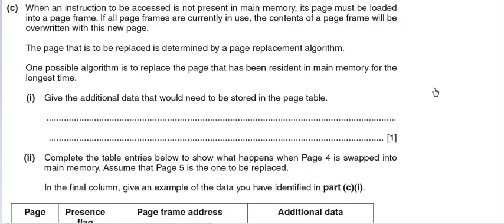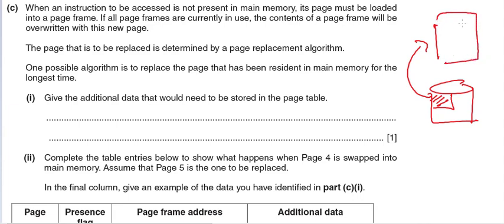Now this question is saying that we have requested page 4, which was lying there, and we need to load it into a page frame in the RAM, but the RAM is already full, so we don't have space. Which means an already existing page frame needs to be replaced. So we are going to overwrite an existing page frame.